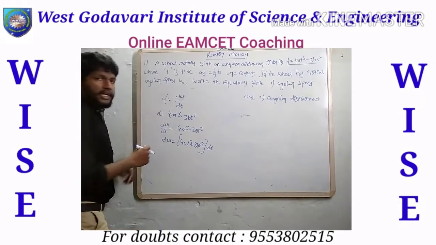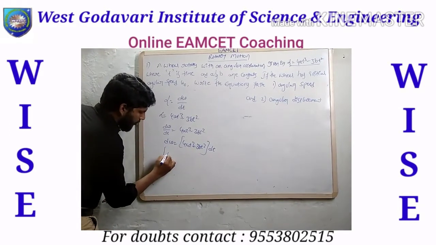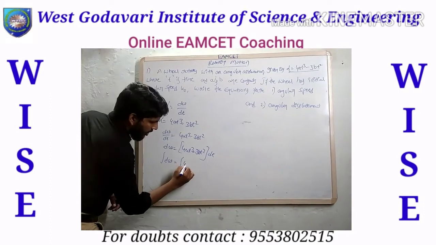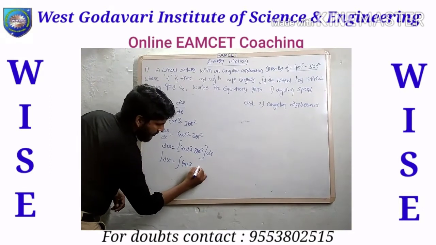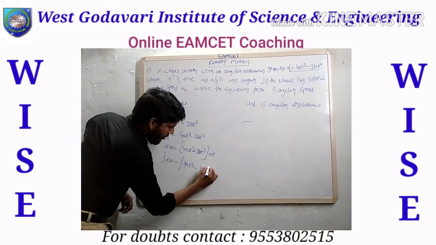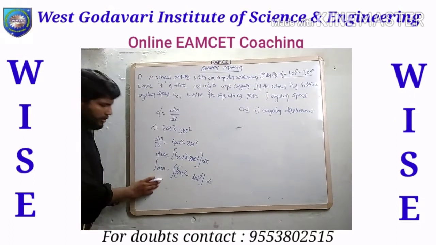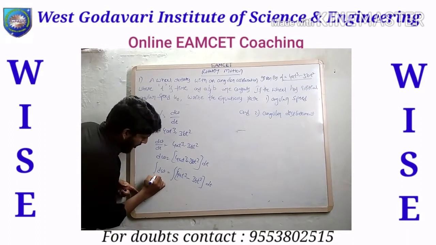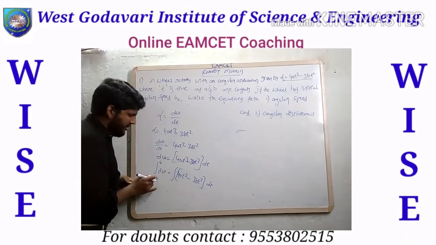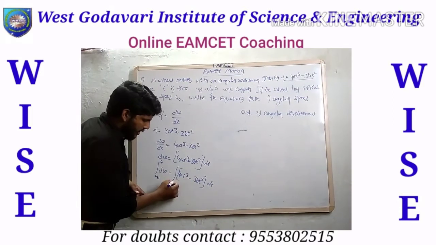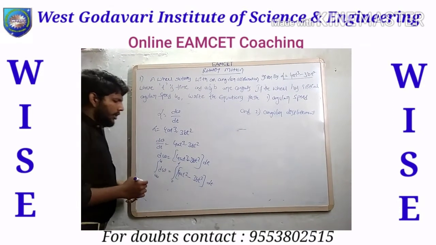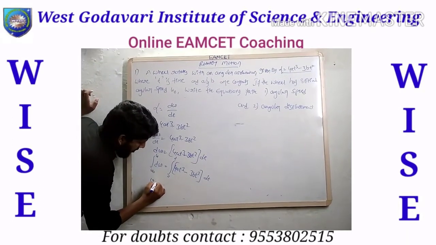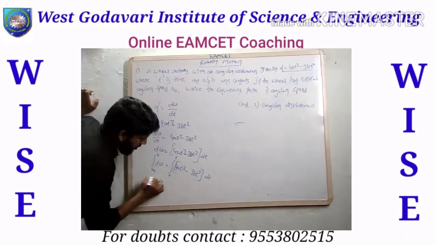Now you need to integrate on both sides: integral of d omega equals integral of (4at cube minus 3bt square) dt. Write the limits: initially omega naught to omega, that means initial velocity to final angular velocity, and for time, 0 to t. Now integrate on both sides, we get omega minus omega naught.